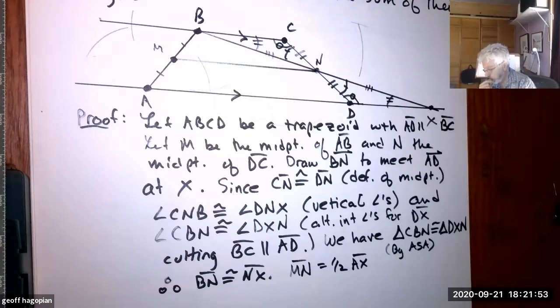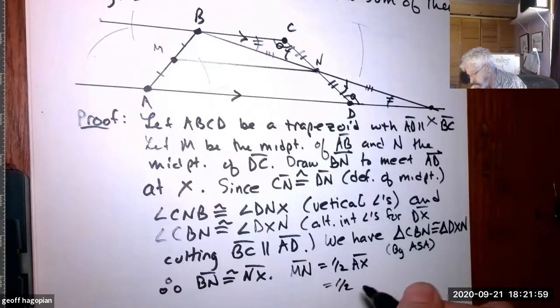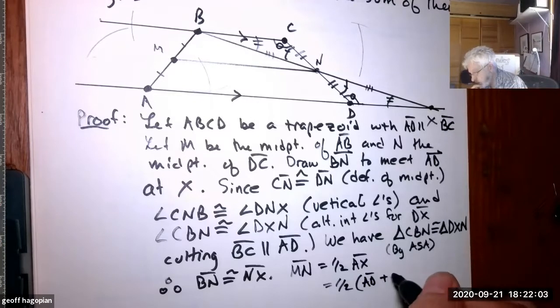And AX, we can substitute for AX the sum of its parts, which is AD plus DX, and we can substitute for DX BC, right?